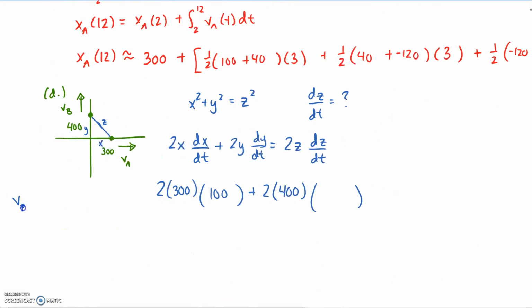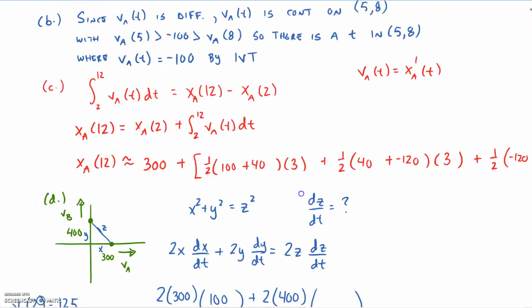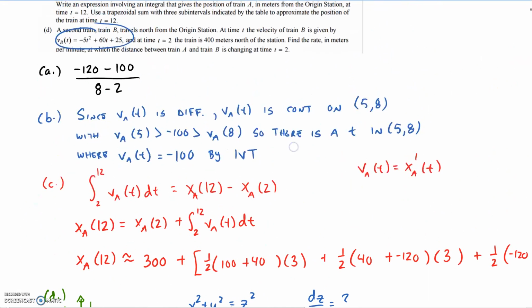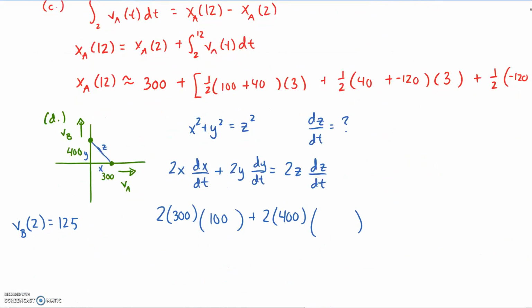V sub b of 2 is 125. Plugging 2 into v sub b, negative 5 times 4 is negative 20. Negative 20 plus 60 times 2, which is 120. Negative 20 plus 120 makes 100, and then 100 plus 25 makes 125.